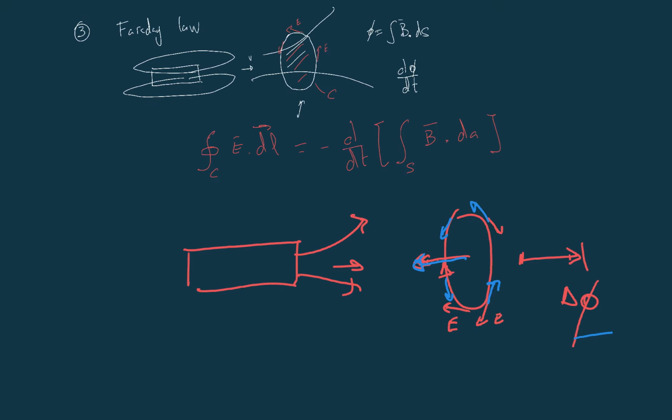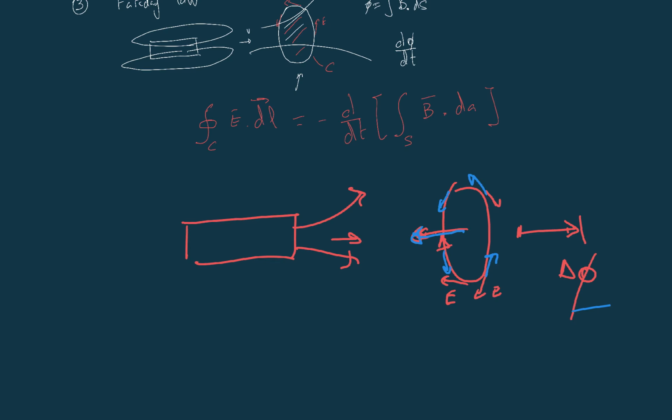If instead of approaching the magnet you move the magnet in this direction, now the flux will change, but decreasing. So the change in flux will go in this direction.